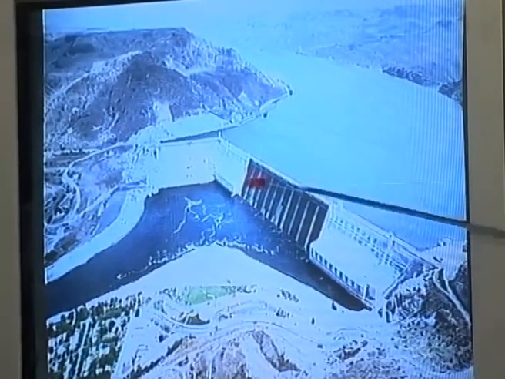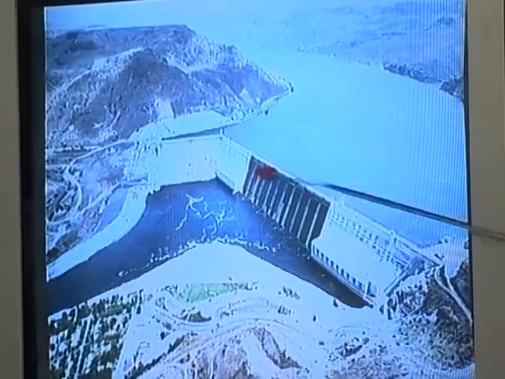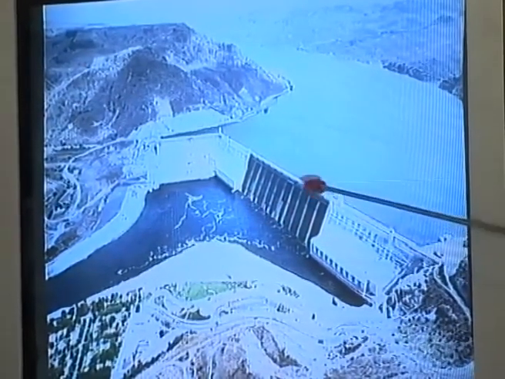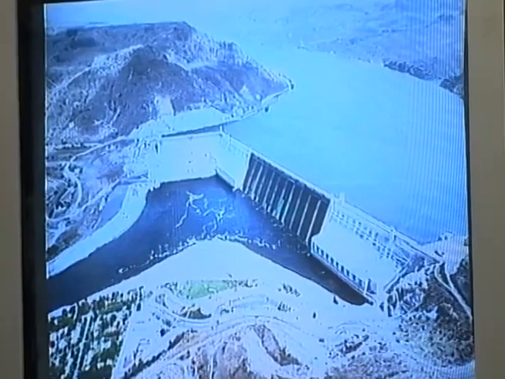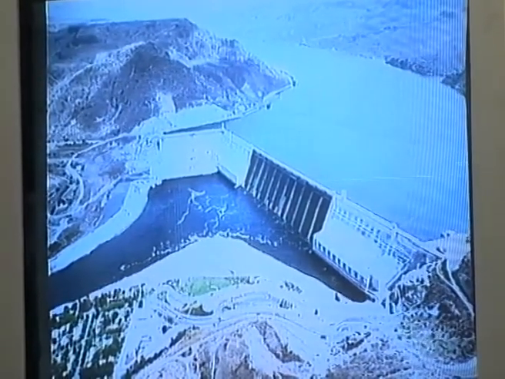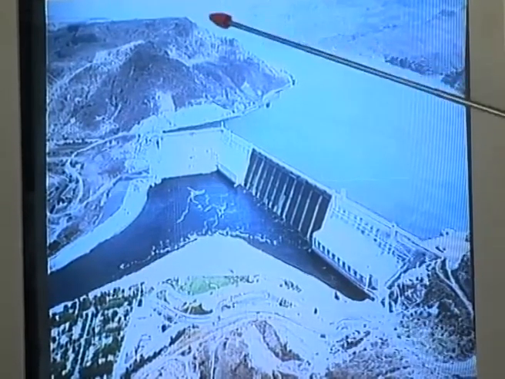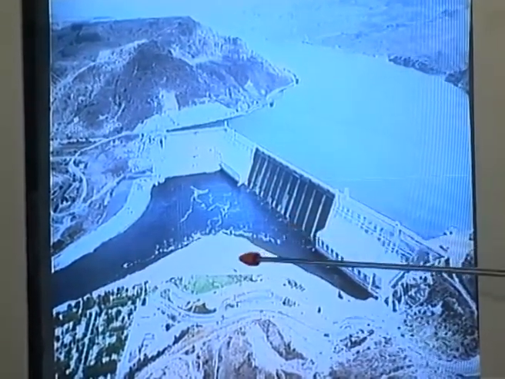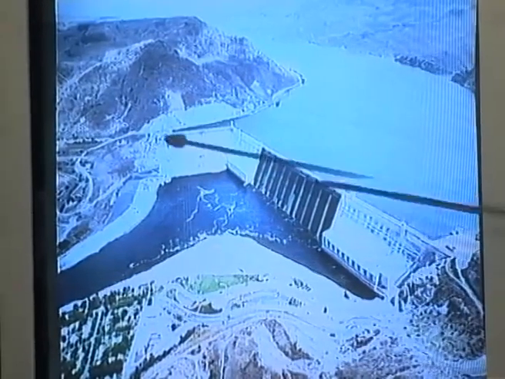Now this is an example of a dam. Sorry, not a dam, but what did I say? Oh dear. Yes, an example of a dam creating a reservoir here.